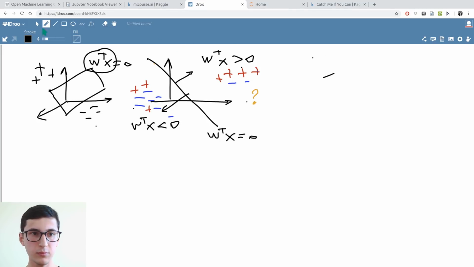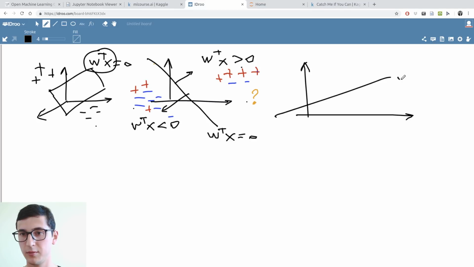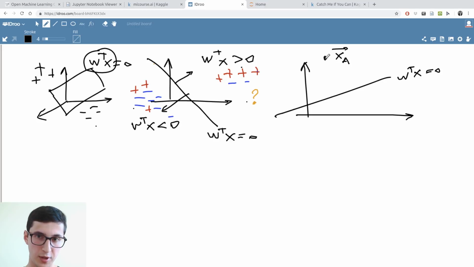So if we solve this task, so it's from analytical geometry. So if we have a hyperplane W transposed x equals 0, so what's the distance from some point described with vector xa to this hyperplane?